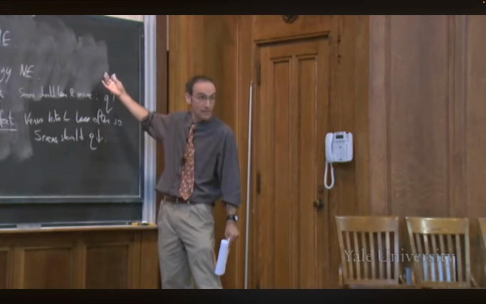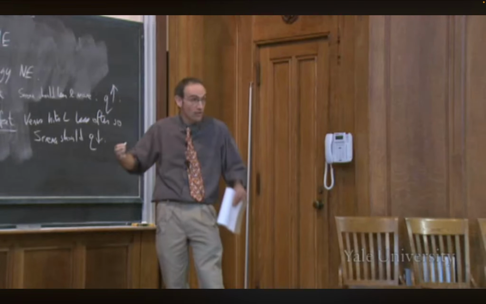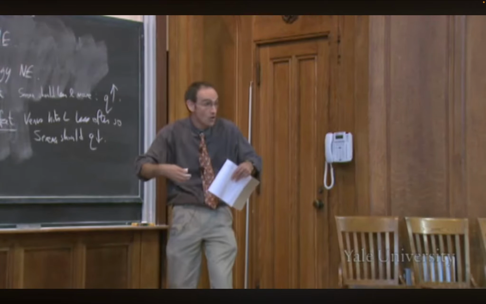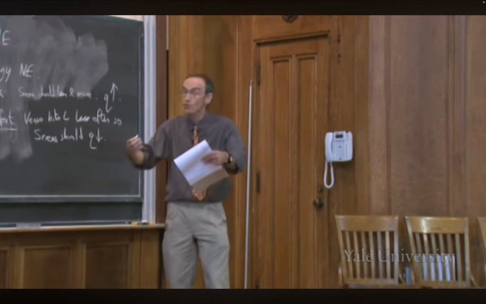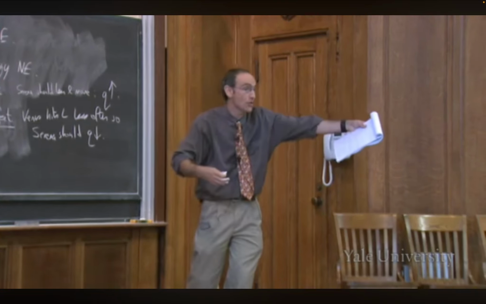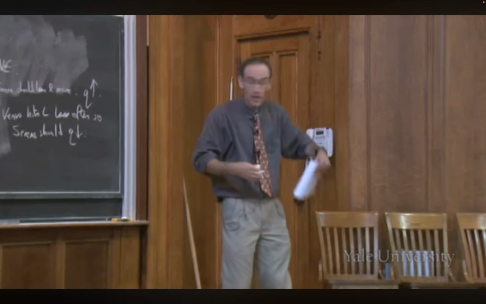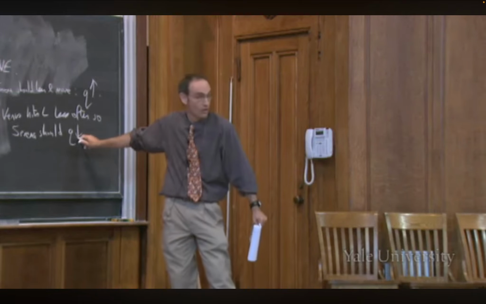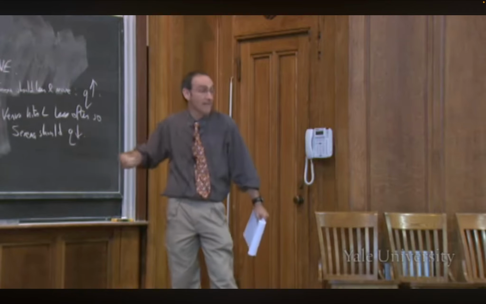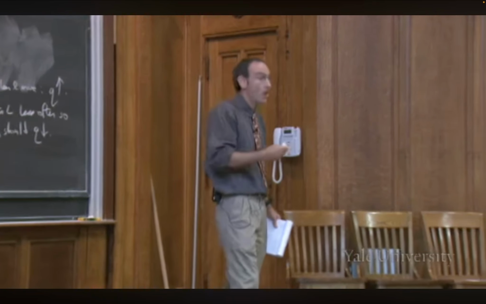That's the direct effect. And the other one is more subtle. It says we now have to think about not just how my play has improved, but also how the other person is going to respond to knowing that my play has improved. That's the more subtle effect, and that's going to push Q down. That's going to make it less likely, that's going to argue against leaning to the left.